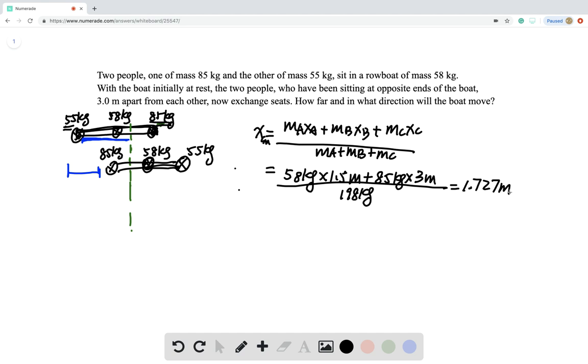Now we need to figure out how far it is after the exchange of seats. There are a couple of ways we can do this. One way I like is to just look at this graph and utilize the property of symmetry.